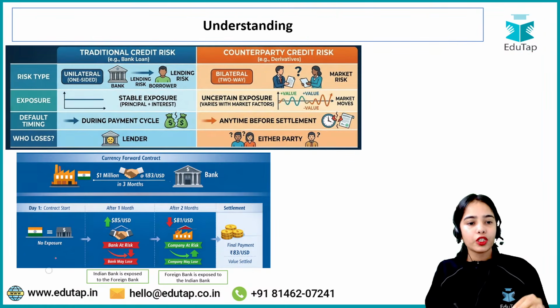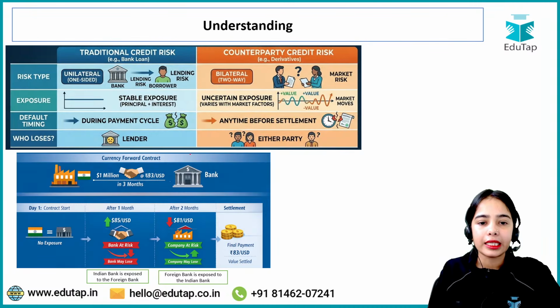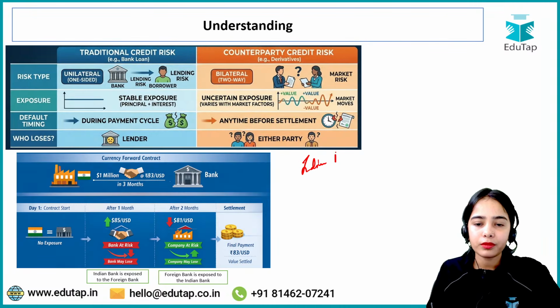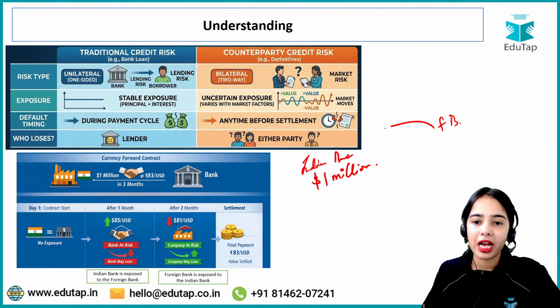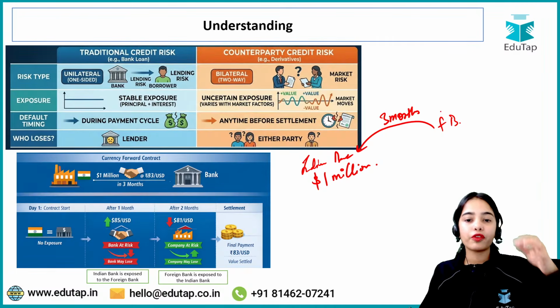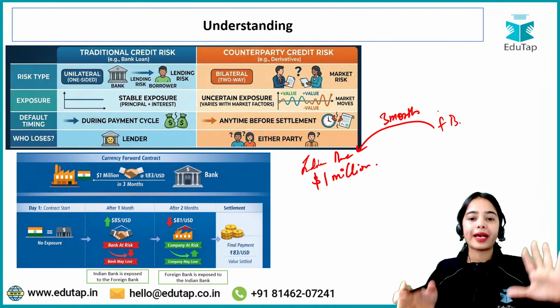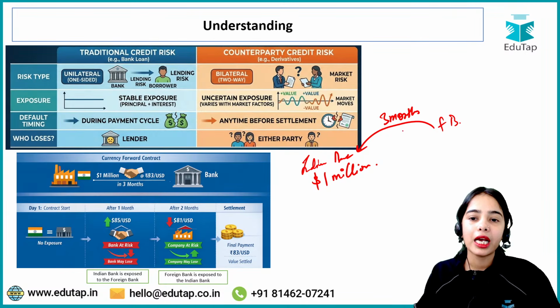Let's take this example. Say the Indian bank wants $1 million. The foreign bank has agreed to provide the Indian bank $1 million after 3 months at the rate of 83 rupees per dollar.